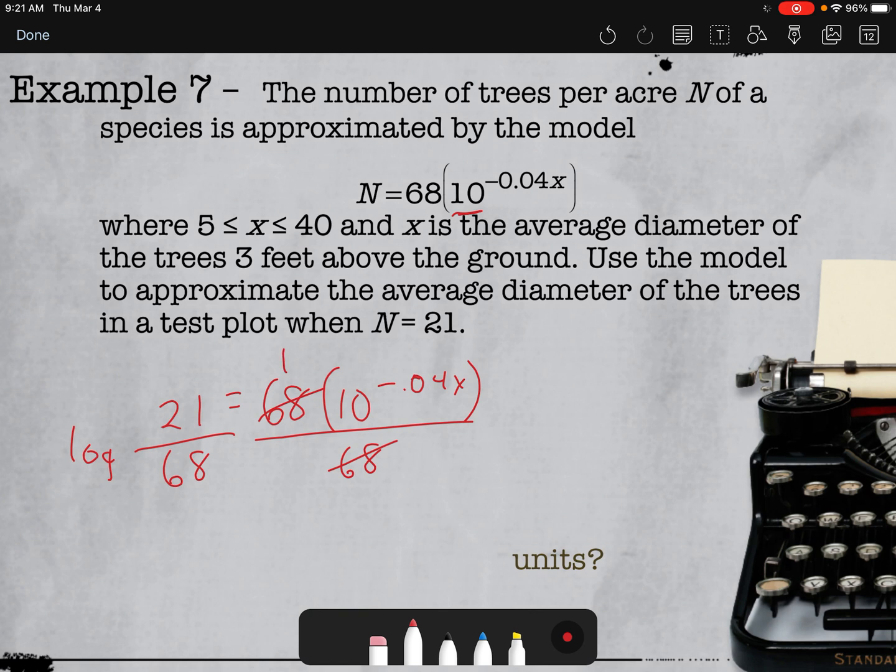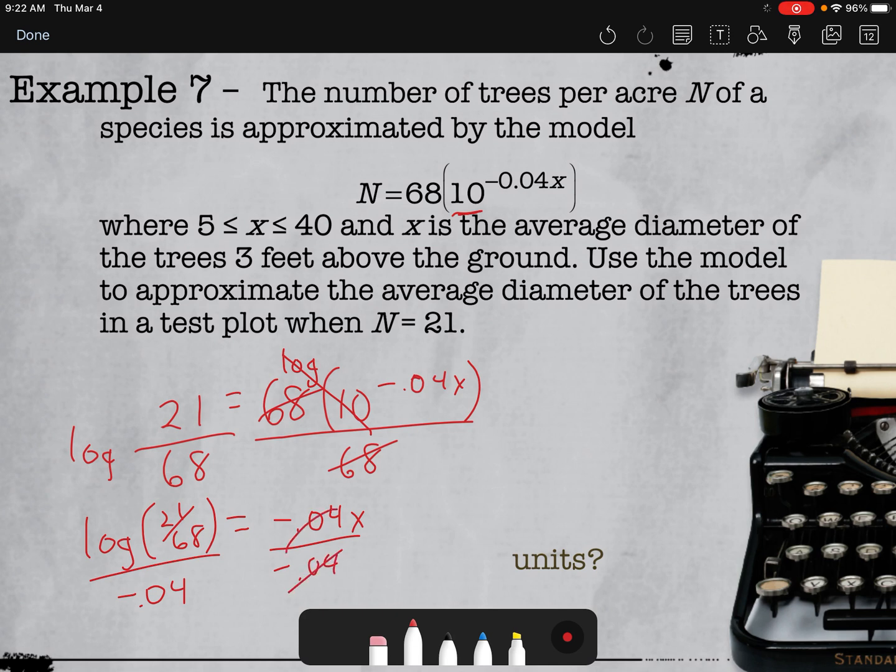So I want to use log, because log base 10 and the base 10 right there would cancel out. So you have log of 21 over 68 equals negative 0.04x. Then we can just divide out negative 0.04. So this is when you want to use log.